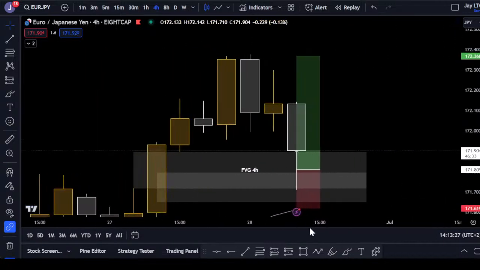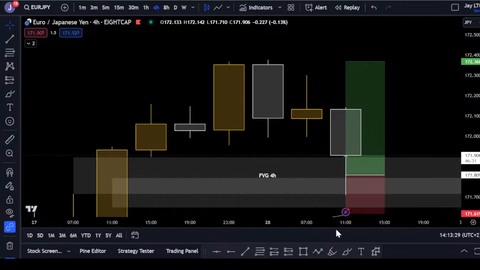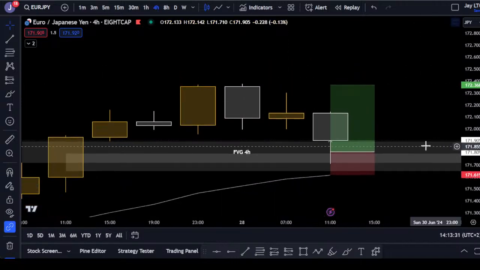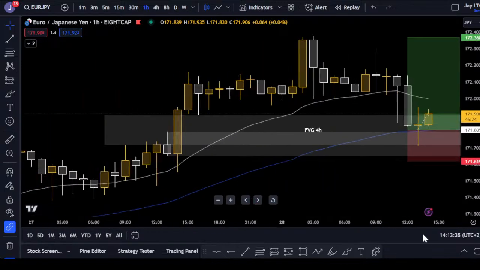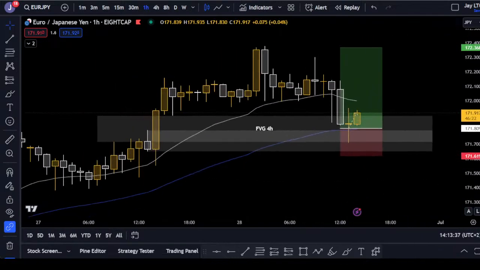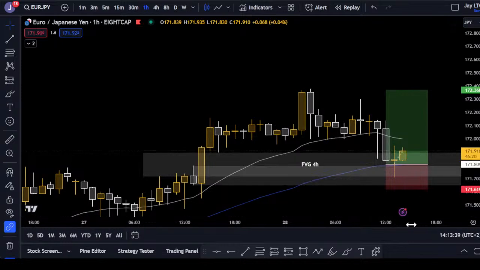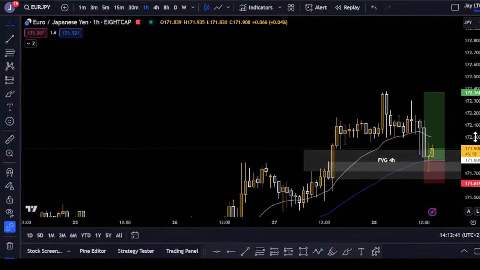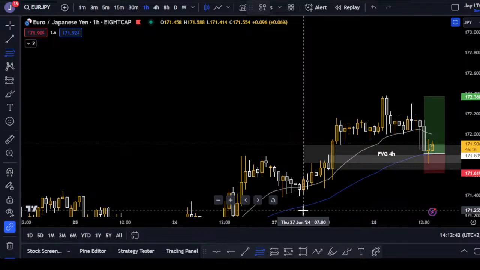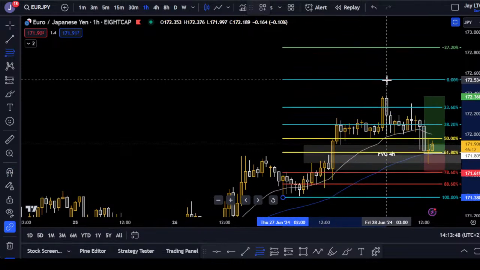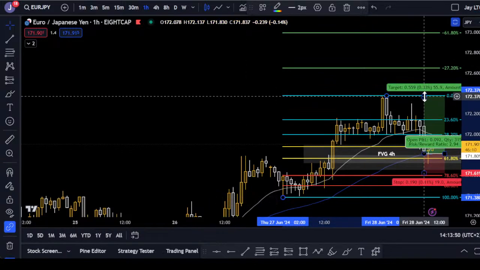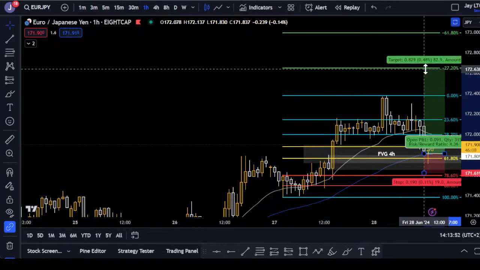And because it's Friday, same thing here. I'm aiming for these tops here, but let's say you have a live account or you can hold over the weekend in any way. If you can hold over the weekend, then you can aim for this, the real target, 172.64.